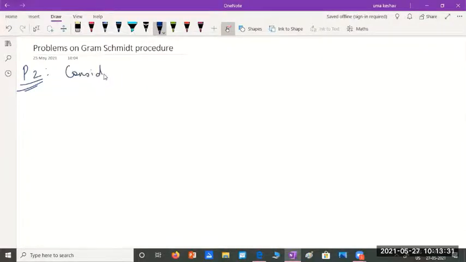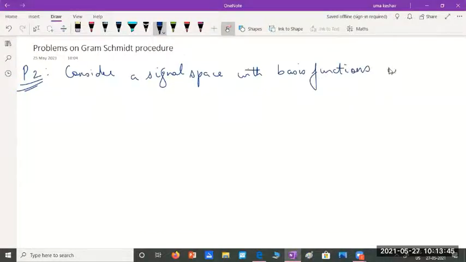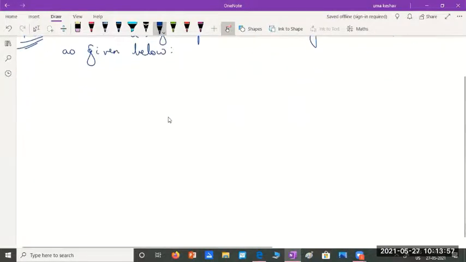Consider a signal space with basis functions phi1 and phi2 as given below. Please write down.